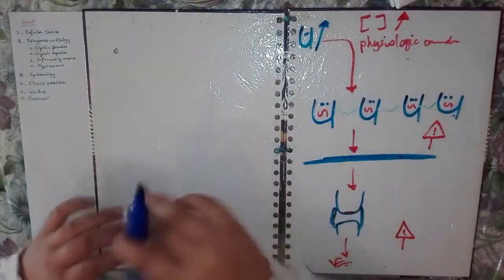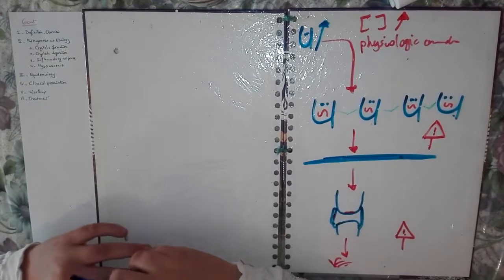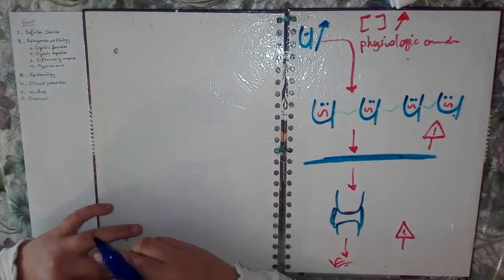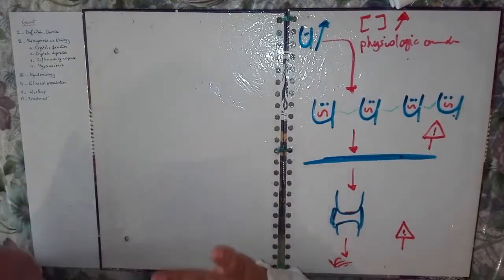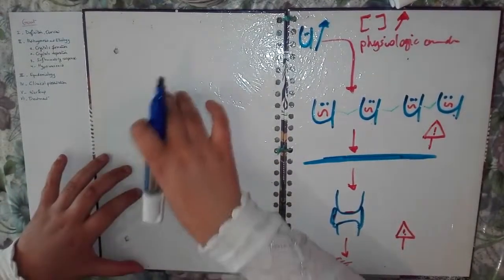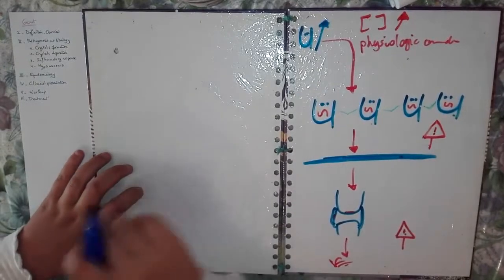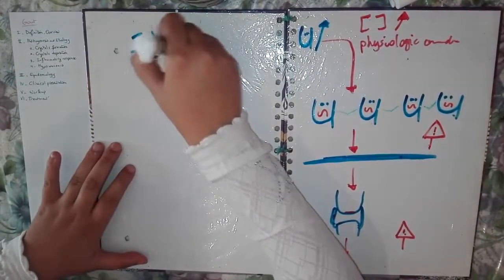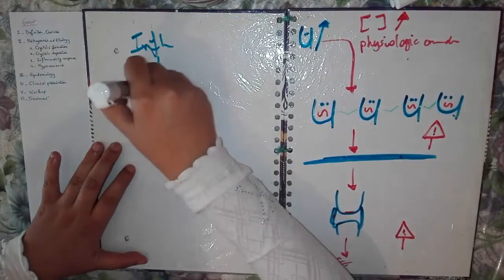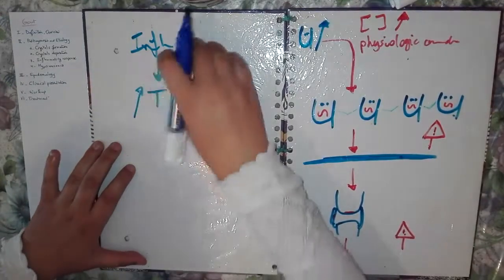Also, later we're going to see that gouty flares are self-limited. Here we can incriminate the temperature too. Why? Inflammation brings high temperature, inflammation and heat.